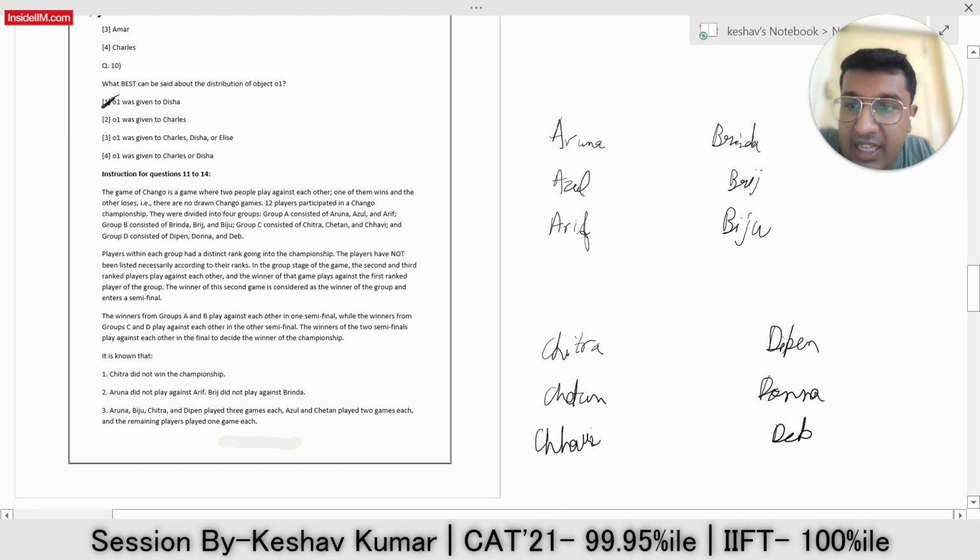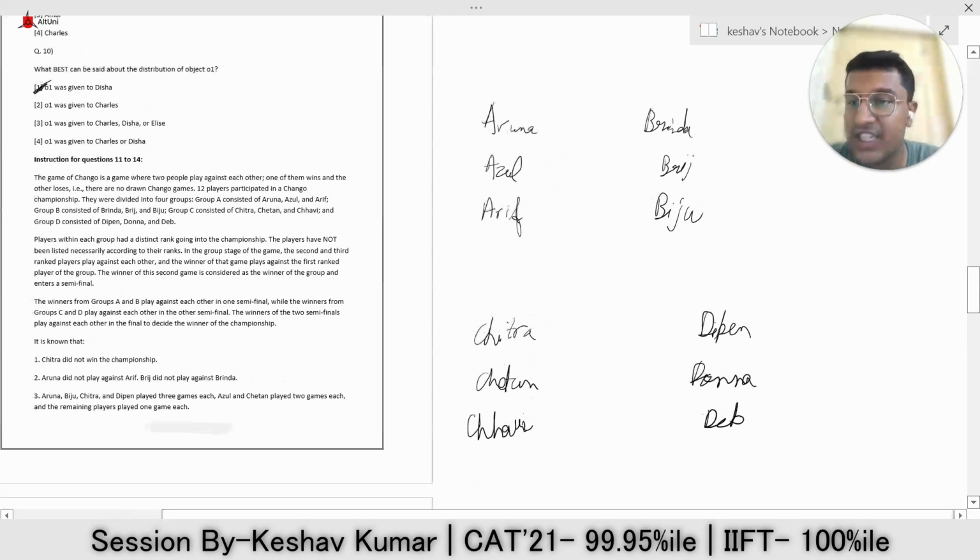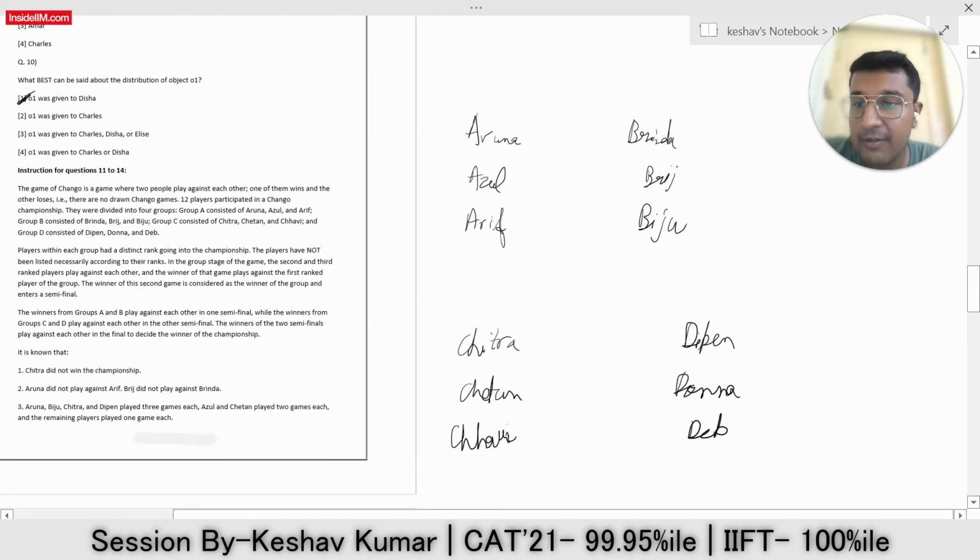Players within each group had a distinct rank going into the championship. The players have not been listed necessarily according to their ranks. In the group stage, the second and third ranked players play against each other, and the winner of that game plays against the first ranked player of the group. The winner of the second game is considered the winner of the group and enters the semi-final.